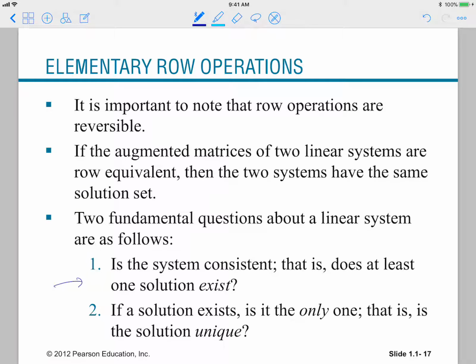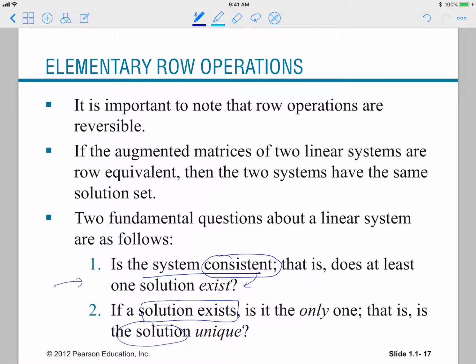Last time we studied this new term, consistent, in case our linear system has at least one solution. And then if the solution exists, is that solution unique, with only one solution, or are there infinitely many solutions? That corresponds to this uniqueness problem.